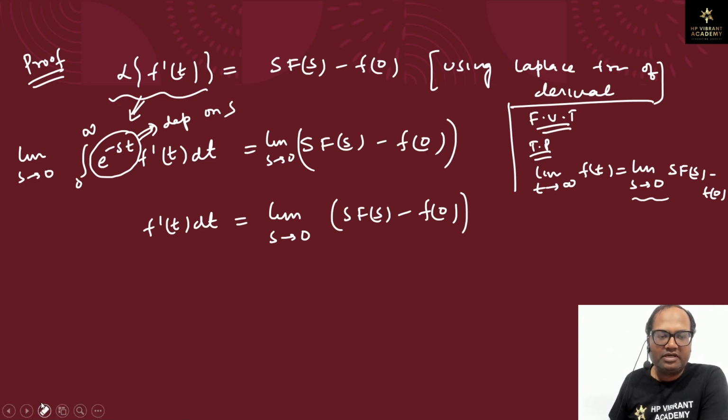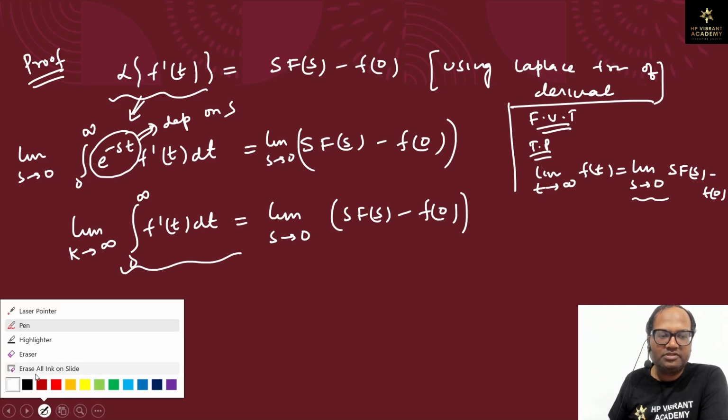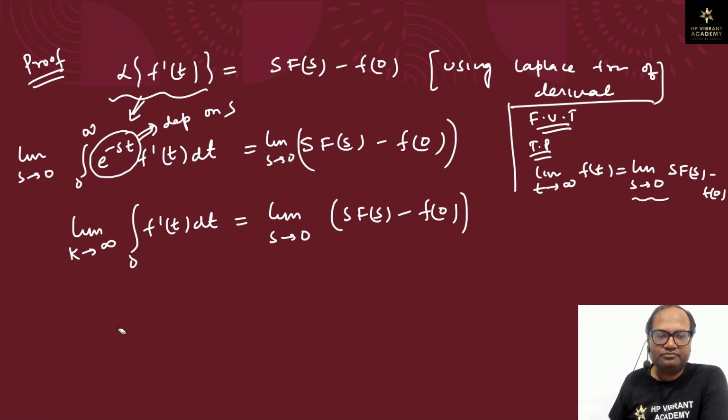Okay, so now we have the integral from 0 to infinity of f dash t. Okay, so this expression we can write as limit k tends to infinity, and at infinity we can replace this with k. Okay, now let us further simplify this. So integration of f dash t is nothing but f(t), and the limit is 0 to k.